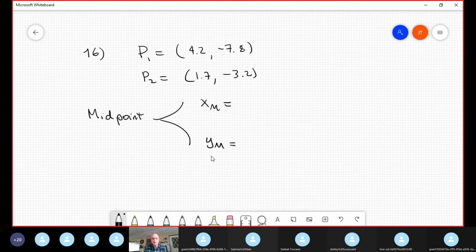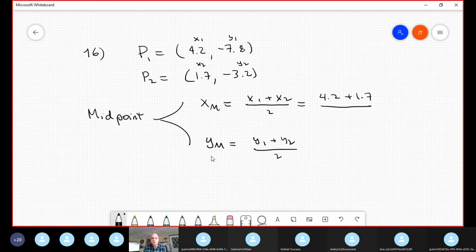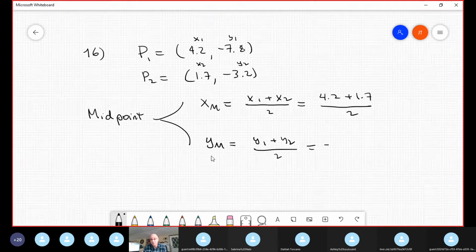And the formula is x1 plus x2 divided by 2, like an average. Basically, this is x1, this is x2, you find the average between 4.2 and 1.7. And likewise, you find the average between the y components, y1 and y2, divided by 2. Basically, it is 4.2 plus 1.7 divided by 2. Don't forget the sign, and be careful with the sign.